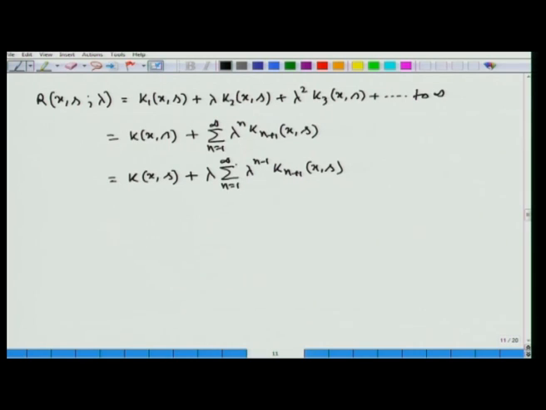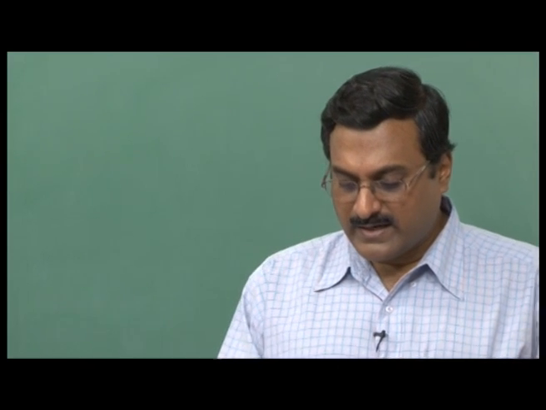So, changing the limit of the sum, we can write this is K(x, s) plus lambda sigma n equal to 0 to infinity lambda to the power n, K_{n+1} will be converted into K_{n+2}(x, s). And now, here for K_{n+2}(x, s), we can write the formula for the iterated kernel.